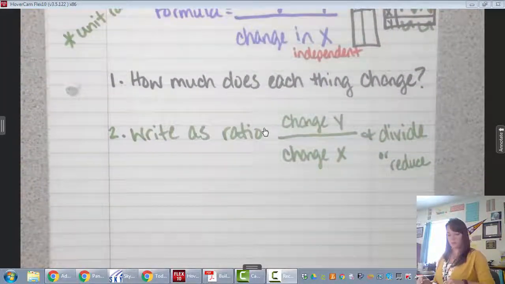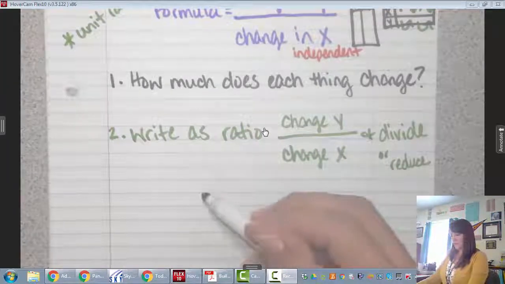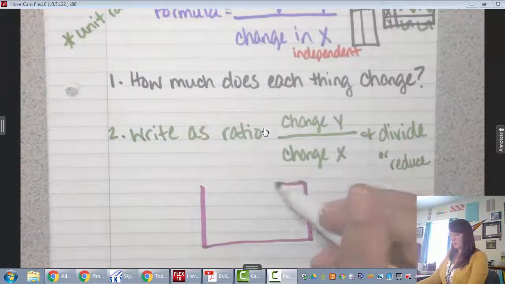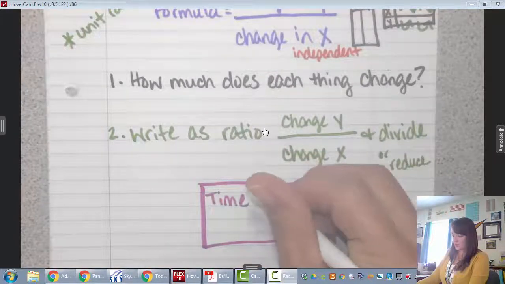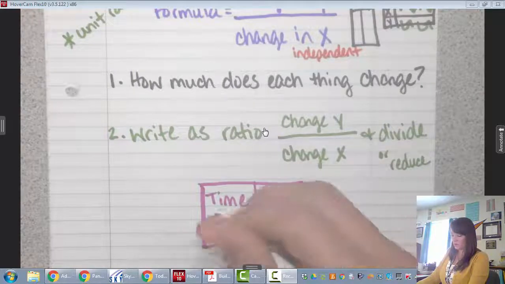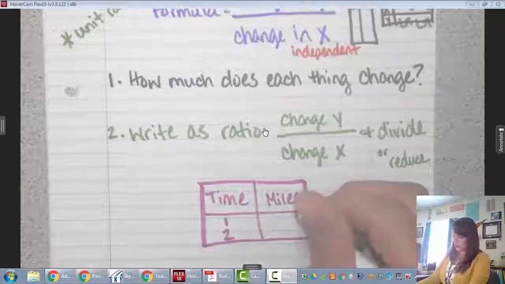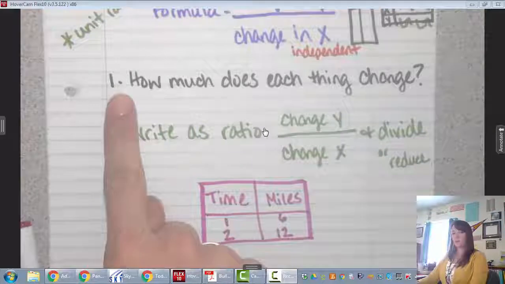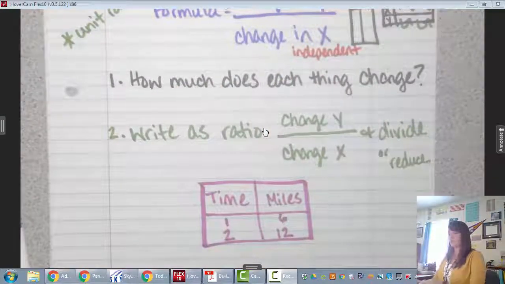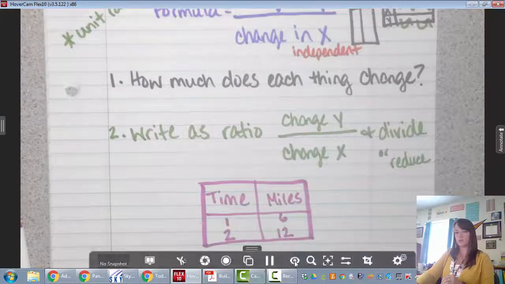We'll do one little example. I think this is going to be easier than you think it is. So if you have a little table, I'll keep it little, and you've got time versus distance, or miles, and I've got 1 and then 2, and I've got 6 and then 12. Step 1, how much does each thing change?